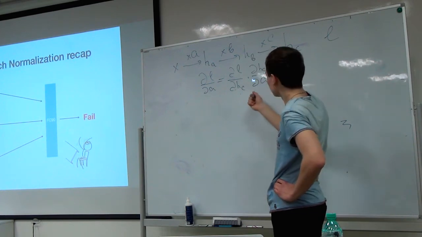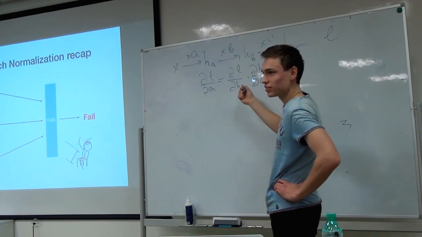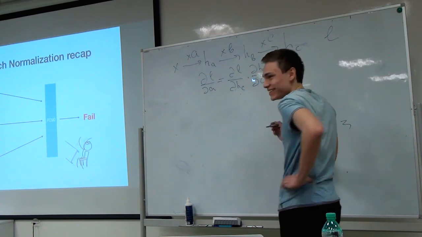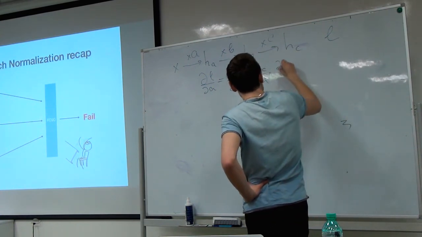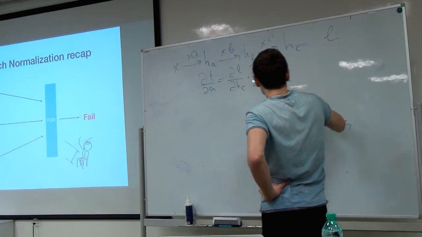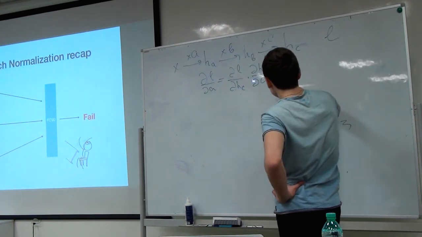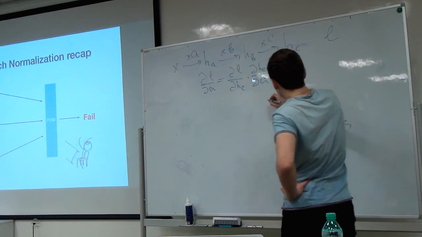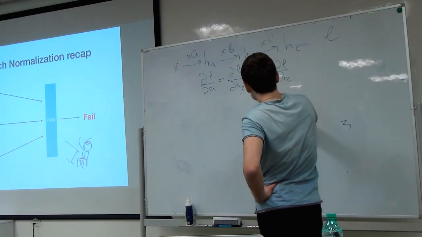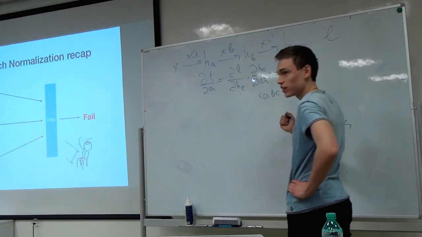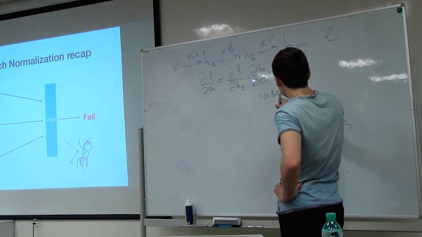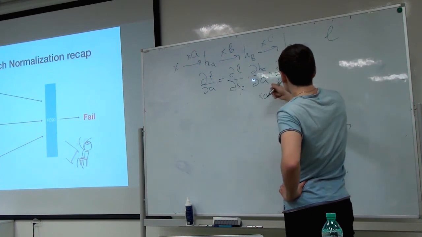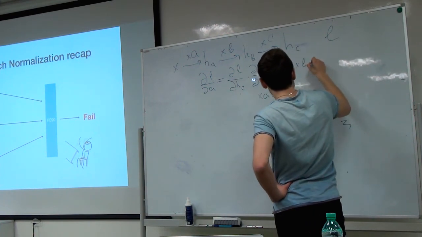And it's equal to dL/dh_c, and h_c is simply x a b c, and the derivative of this with respect to a is simply x b c.